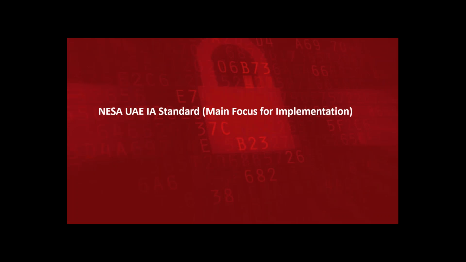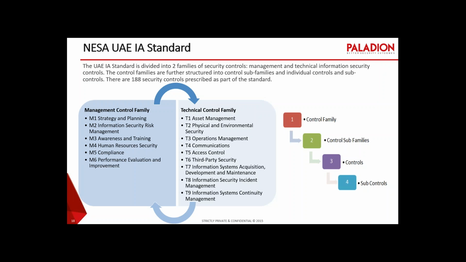So the second topic of today's discussion is to understand the NESA UAE IA Standard thoroughly. The next 10 minutes of our discussion will be focused on understanding the NESA UAE IA Standard, which has primarily 2 families of security controls.